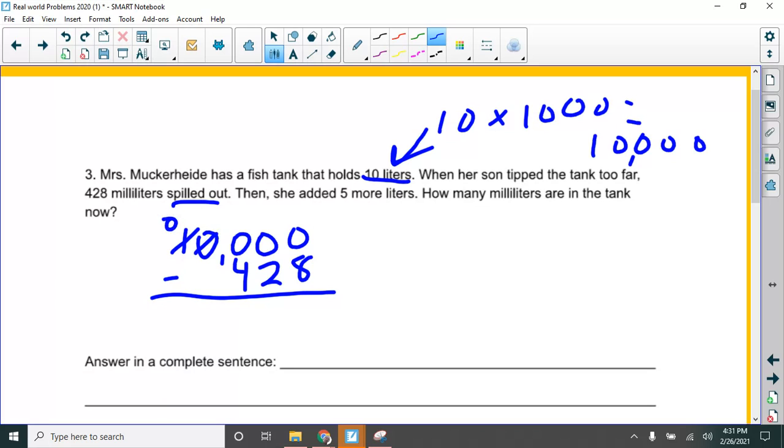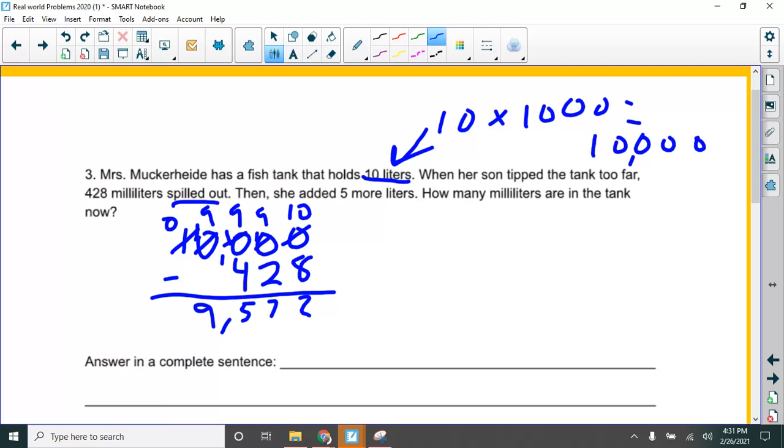This is going to be 10 and then 9. So now we have 10 here and then 9. 10 here. You can always go back to my subtracting lesson if you want to hear more about this borrowing. And then subtract. 9,572.